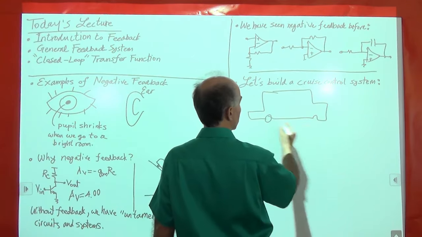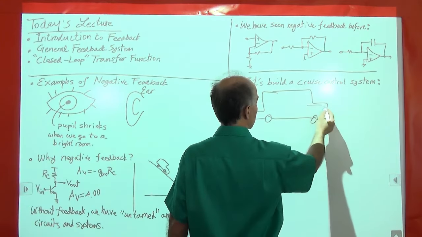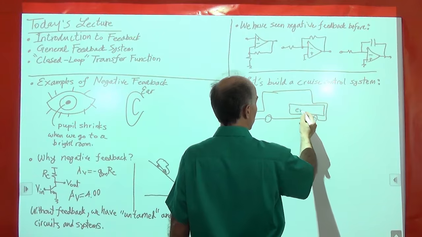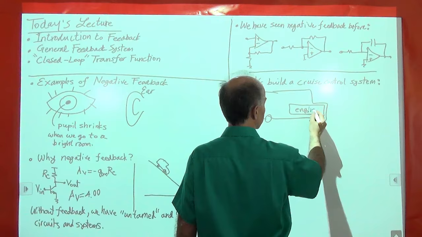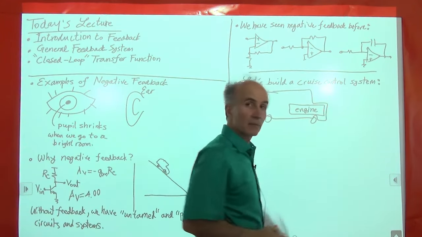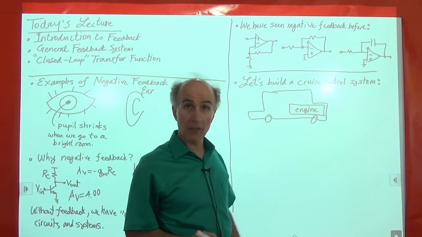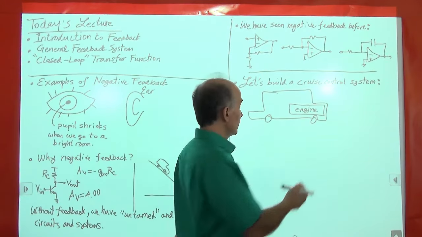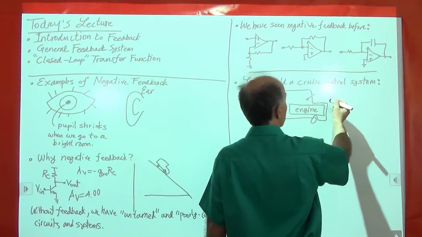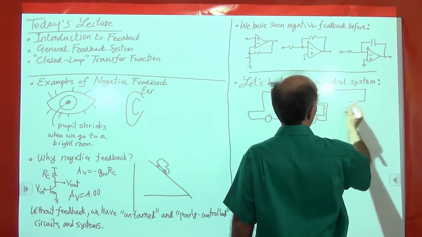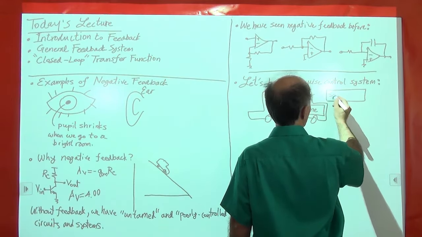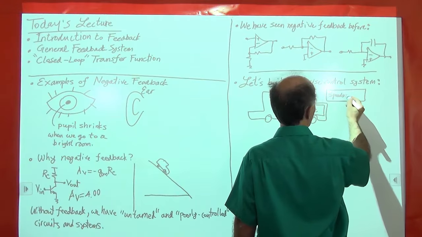And this car has an engine. Obviously, we have to work on the engine, right? And it has a speedometer, so it can measure the speed. So there's a speedometer right here. So we'll put the speedometer out here. Speedometer.